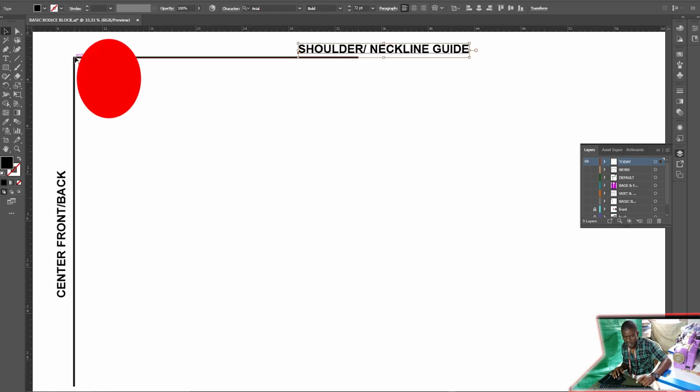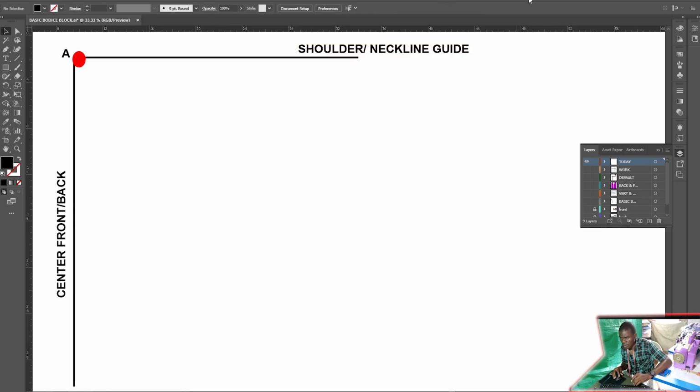Then at this area, we are going to label this point A, which is going to be our starting point for most of our calculated body measurements.